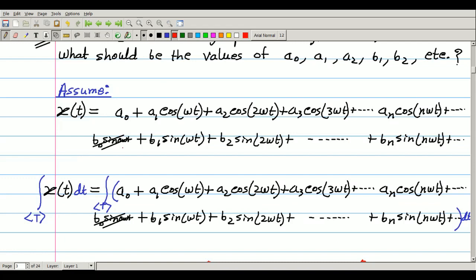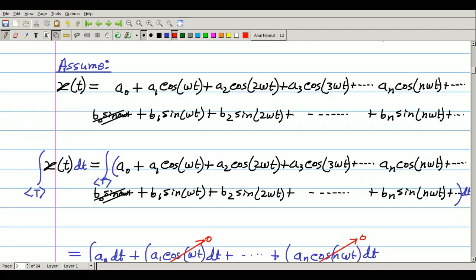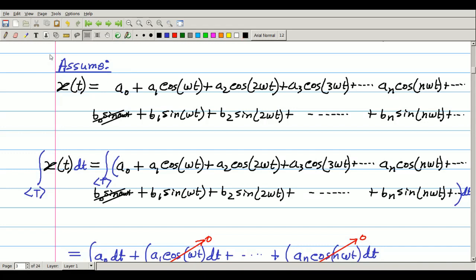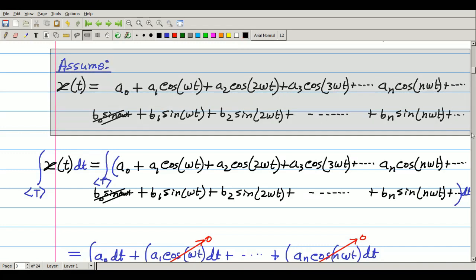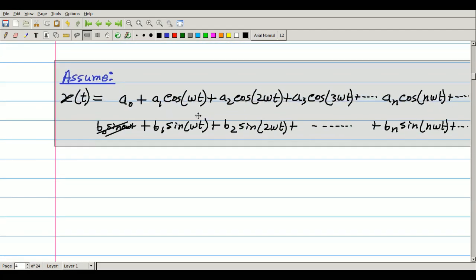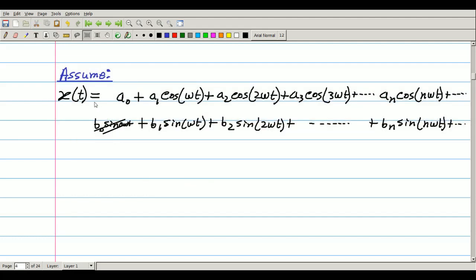Now let us try to find the values of a1, a2, a3, etc. So for that we shall again start with the assumption that the signal x(t) can be written in this form, and then we shall multiply both the sides of this equation with cosine n omega t.